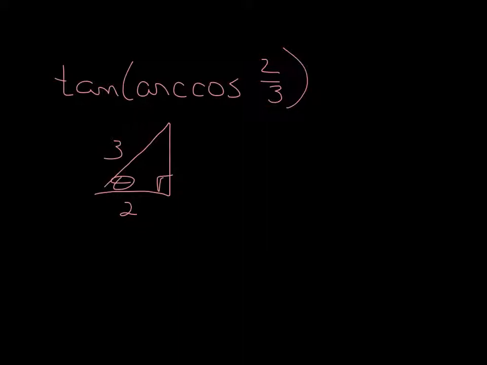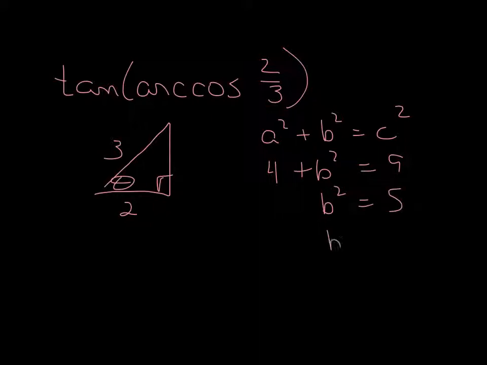All right, so the third side, remember, we use a squared plus b squared equals c squared, where c is always the hypotenuse. So we have 4. So b squared is 5, and b is square root of 5. All right, so then what's the tangent of that angle? Square root of 5 over 2.